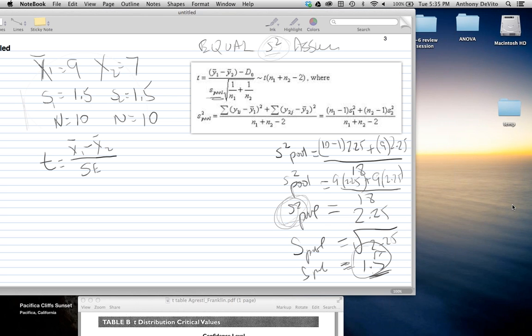But the trade-off is that it gets a bit more complicated to calculate that standard deviation. We have to find a kind of weighted average for it, and so if this had been 1.5 and this had been 2, we would have found something in between as the pooled standard deviation.